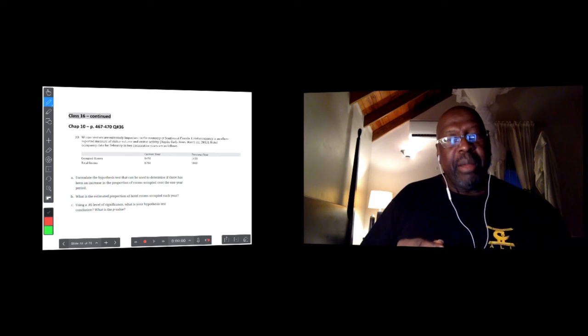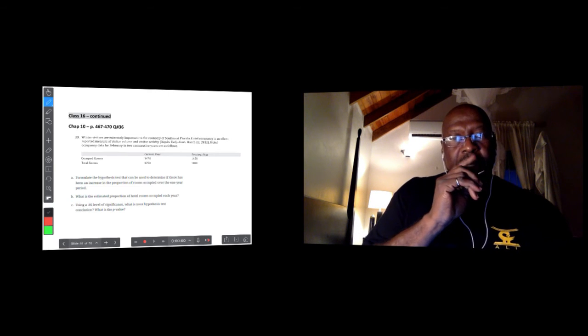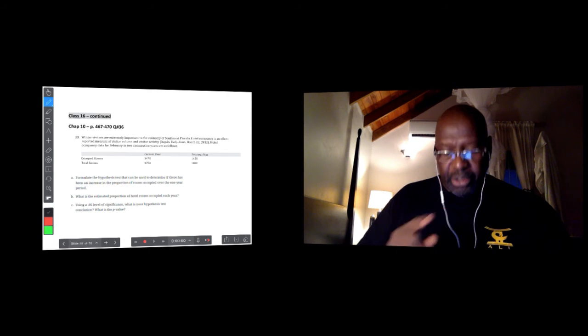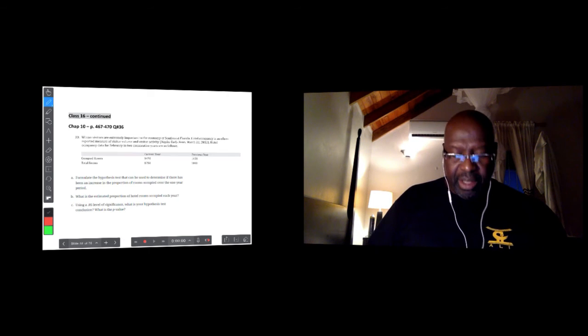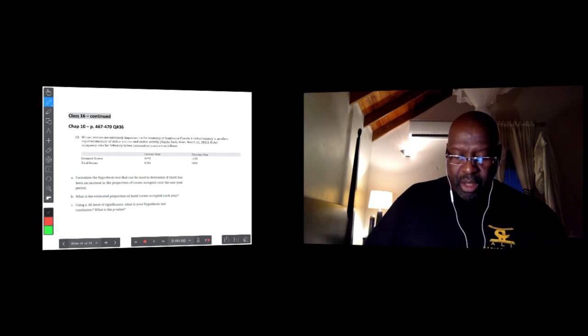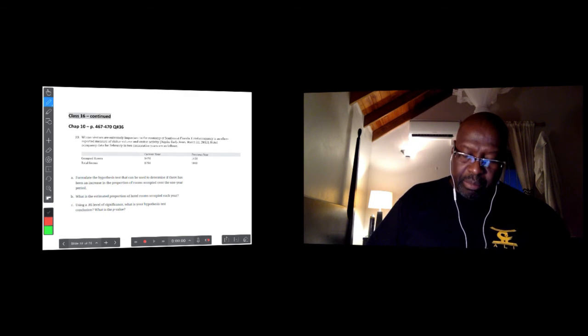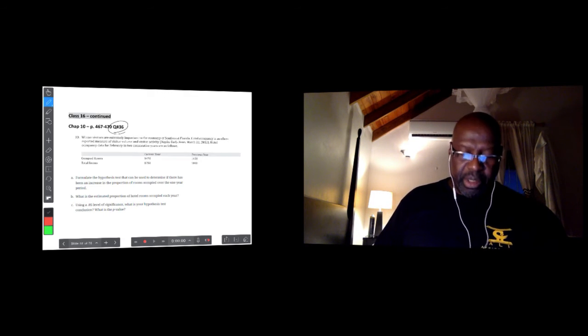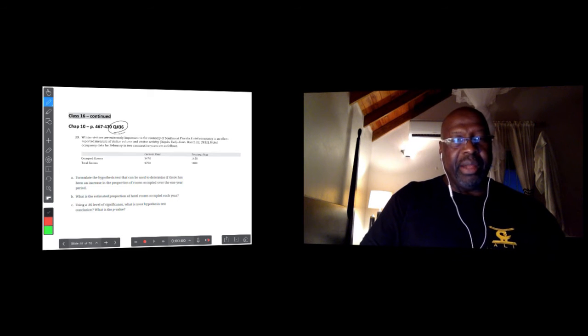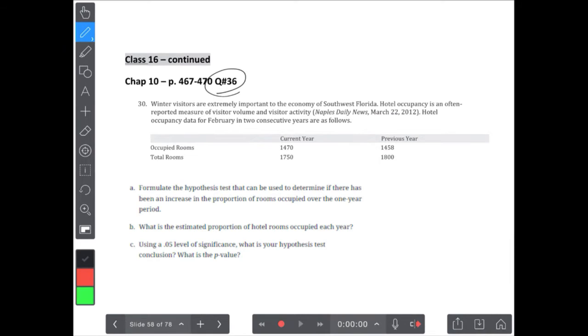So now for an example on inferences about the difference between population proportions. I want you to take a look at the question in our problem booklet, which is in chapter 10, problem number 36, okay? And read that with me.